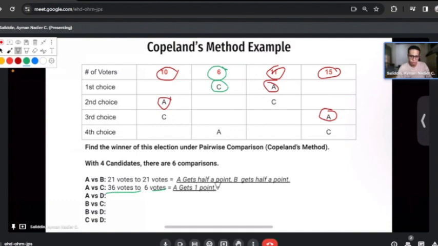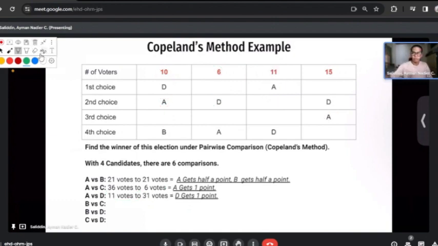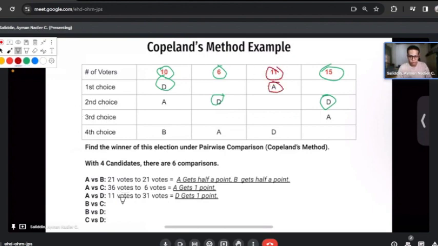Here, A gets 1 point, because obviously A has more votes, and C gets 0. Now, if we go to A versus D, we notice D has 10 plus 6 plus 15, and A only has 11. So A has 11 and D has 31 votes. In this case, D gets the point.